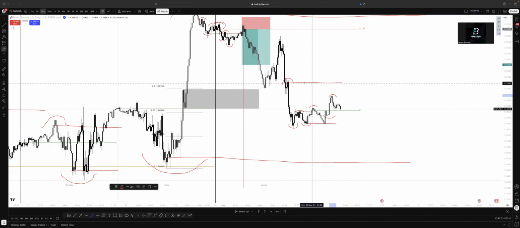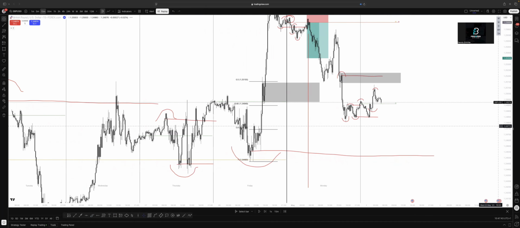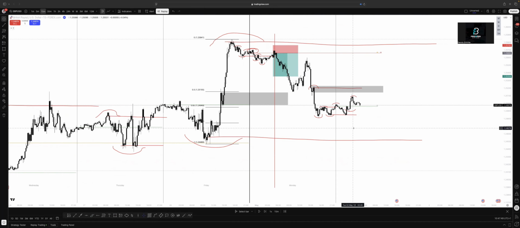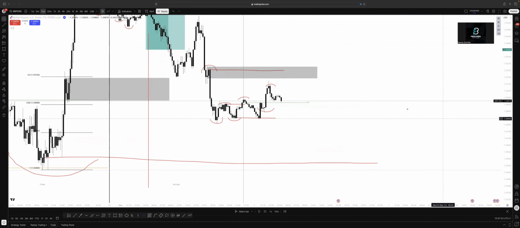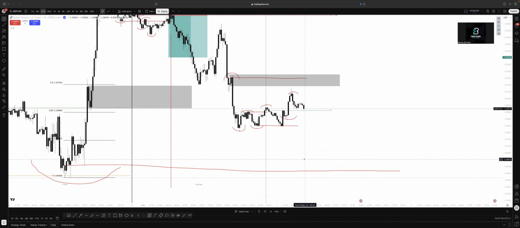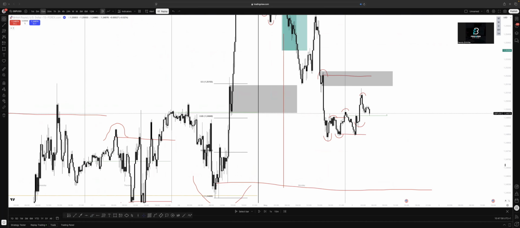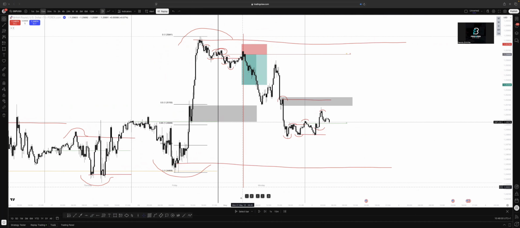But if price comes into this range and cannot break it, and instead breaks the low, then we'll continue to sell and it brings price further down into this higher low to test more demand. It just means that sellers are still in charge. So let's see. Now we are anticipating a break of structure in any range.